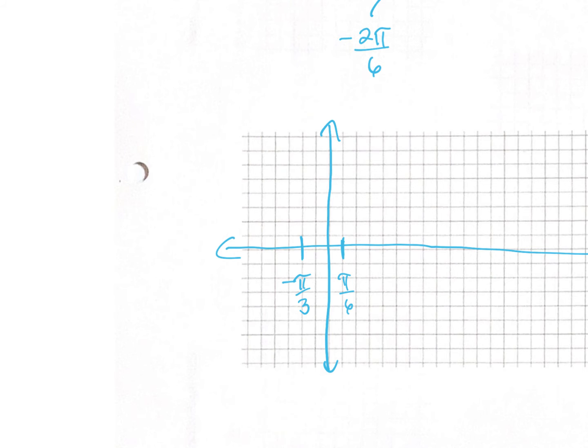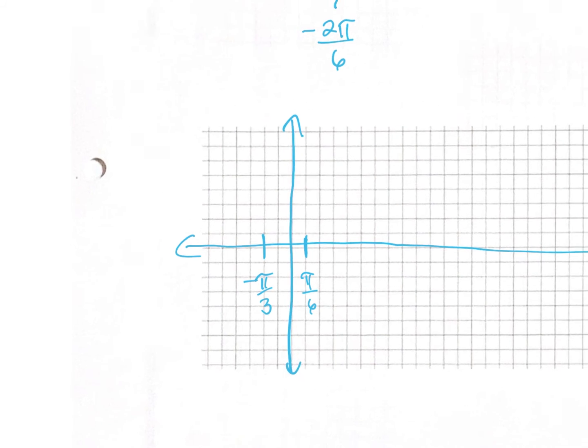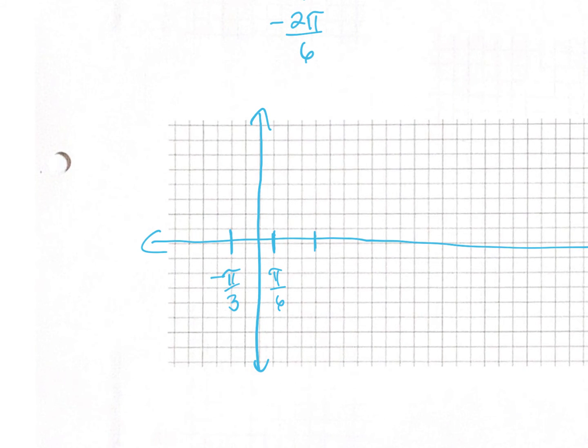I want you to notice what the full spacing ends up being between these first 2 hash marks, because it needs to be consistent throughout. If you notice, it's actually 3 dashes that we move. So 1, 2, 3 is going to be our next hash mark, next hash mark, next hash mark.